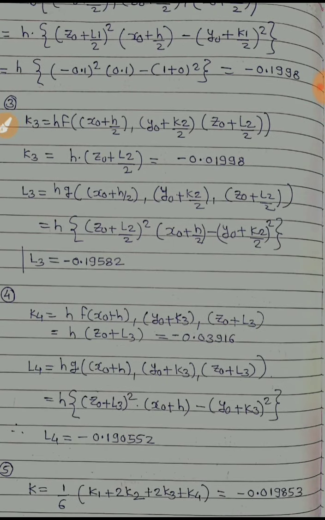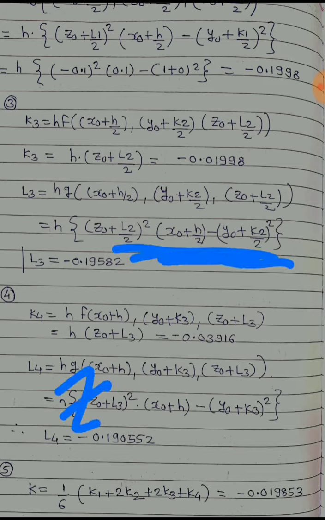The formula is L3 is equal to h into g of x0 plus h by 2, comma y0 plus k2 by 2, z0 plus L2 by 2. We could use the equation which is given above; this bracket is representing the equation. What is that equation? z square x minus y square.